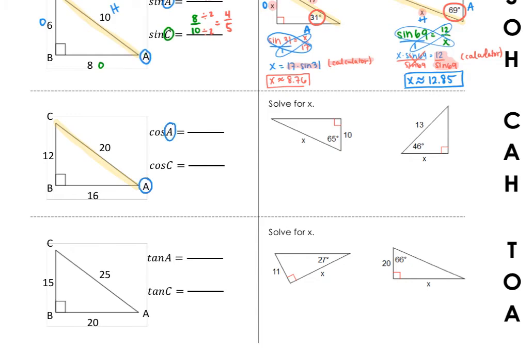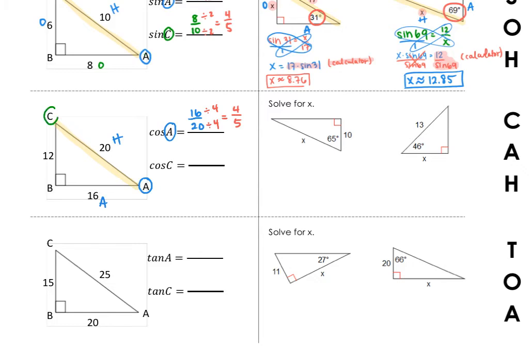Using A as our reference angle, the adjacent side to A is 16. So cosine of A is going to be 16 over 20. To simplify, the biggest number that goes into the top and the bottom is 4. So we divide the top and the bottom by 4, and you should get 4 over 5.